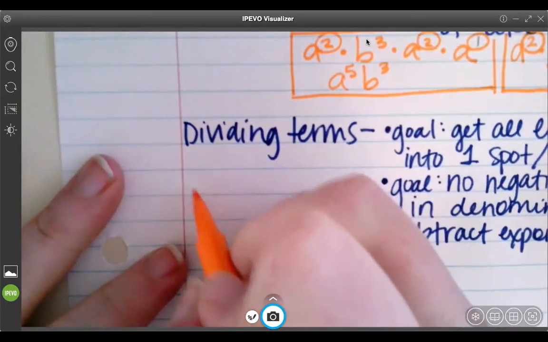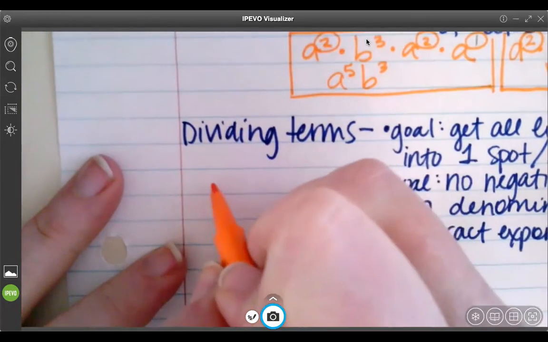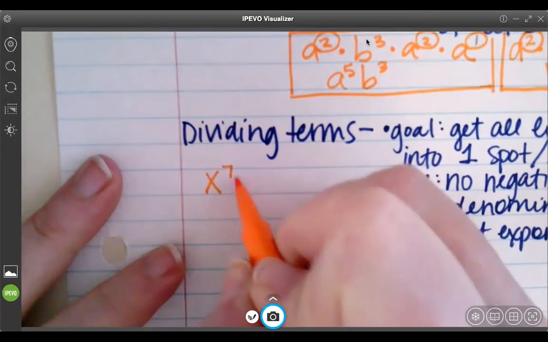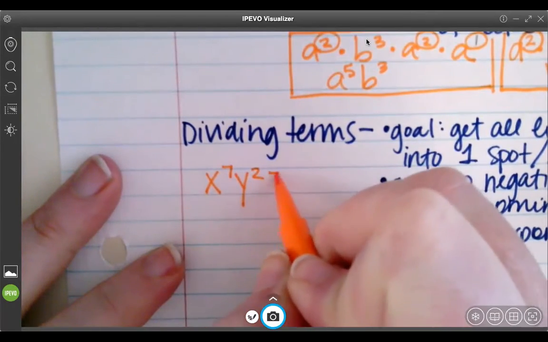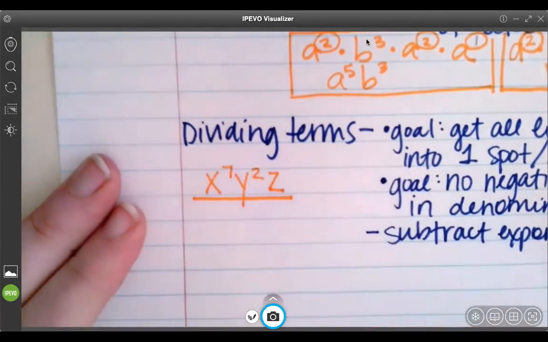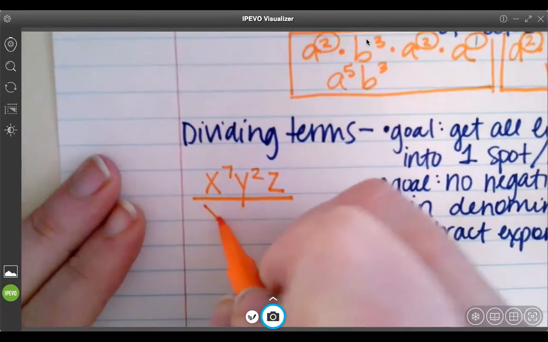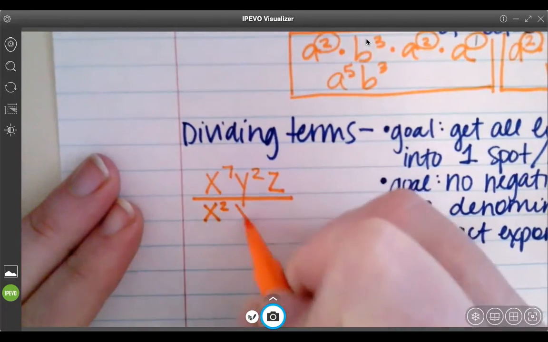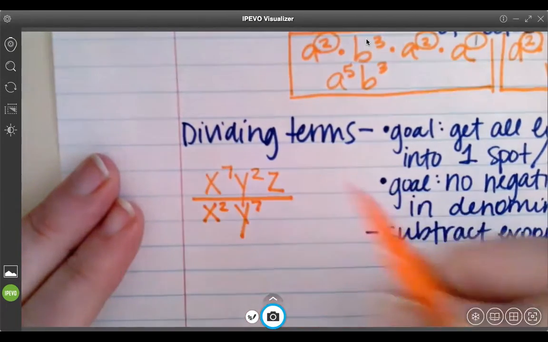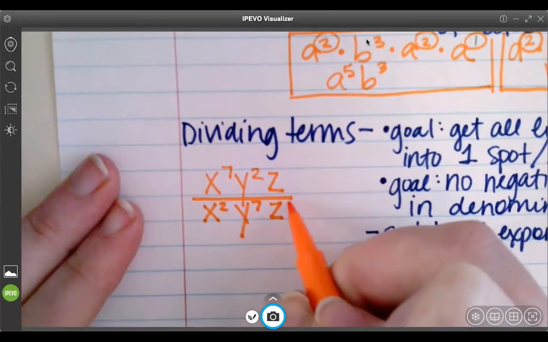So let's do an example up here. Let's say x to the 7th, y squared, z over x squared, y to the 7th, z cubed.